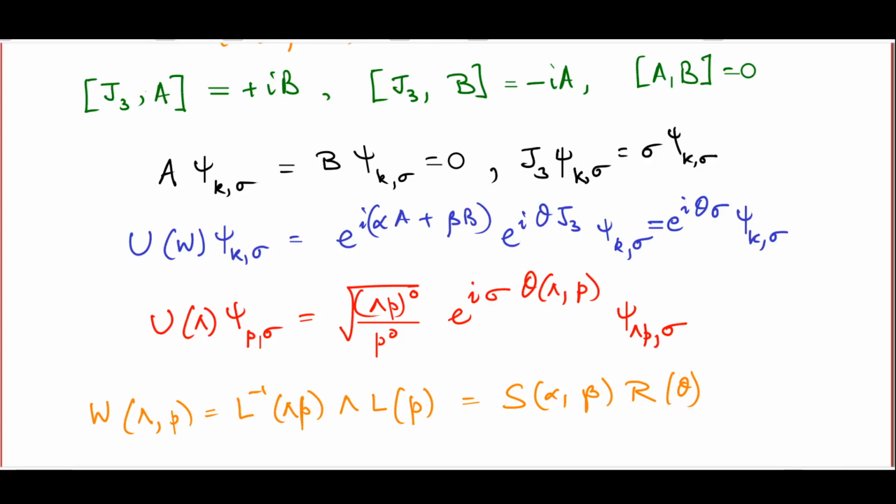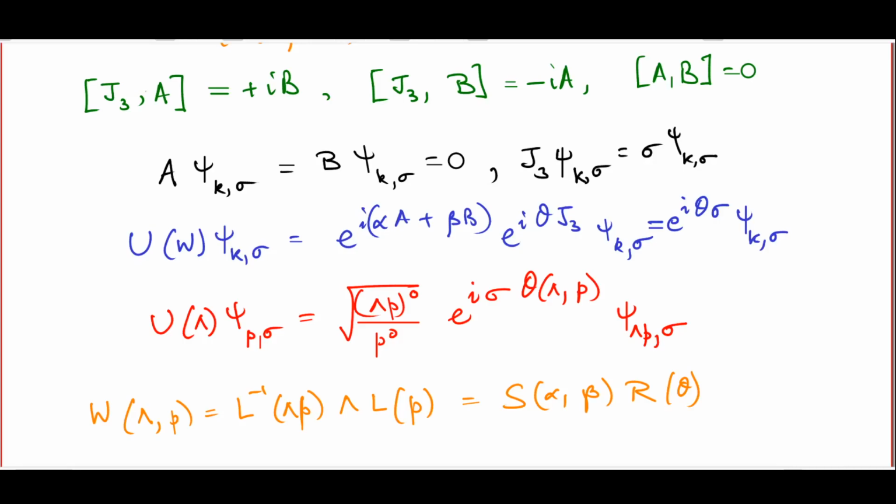So apart from this overall factor which comes in the front, the only thing that happens is that the momentum of the state changes from p to lambda p. The sigma label stays unchanged. That is one very important point about the way in which massless particle states transform under a Lorentz transformation.